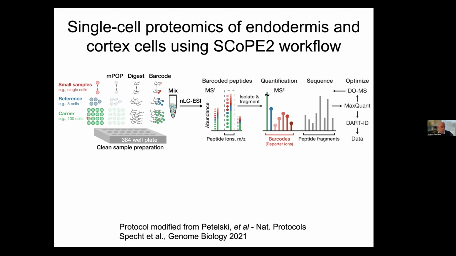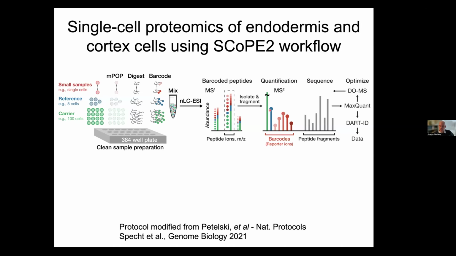And then we used, and some groups do, some groups don't, this idea of a carrier. So here, some number of cell equivalents of peptides, say 100 cell equivalents of peptides, is labeled with one of the tandem mass tag channels. When you mix all these together and analyze them by mass spec, the MS1 isolates all the peptides with data-dependent acquisition.